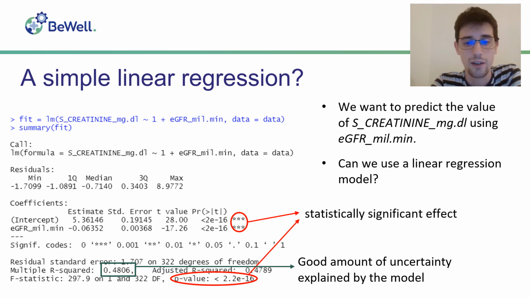Moreover, the R-squared coefficient is 0.48, meaning that using a single variable, we are able to explain almost 50% of the variability observed in the data. It is not the highest of values, but in a real-life problem, it is an acceptable amount. However, is everything really fine?